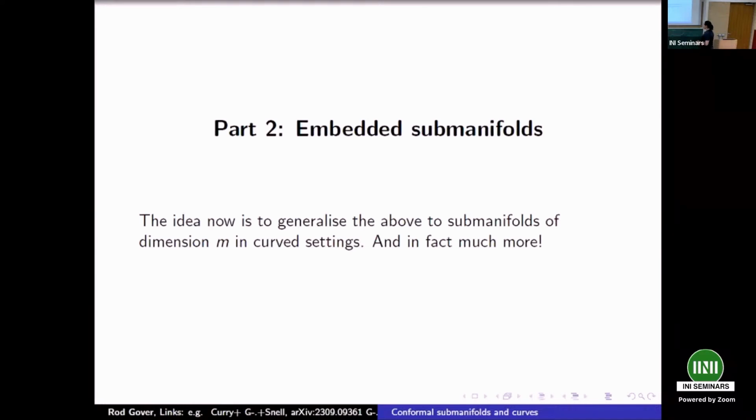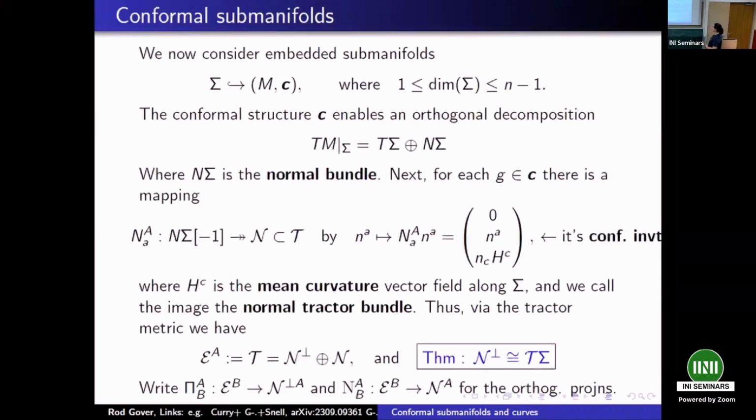But now the idea is that this story will generalize. As I say, part of the story is making conserved quantities, but that's a proof of concept in a way, because the idea really is to develop a good conformal submanifold calculus that is useful for applications, including that, but lots of applications.